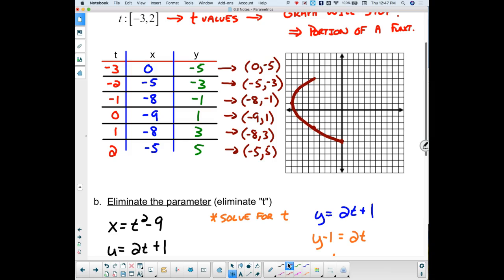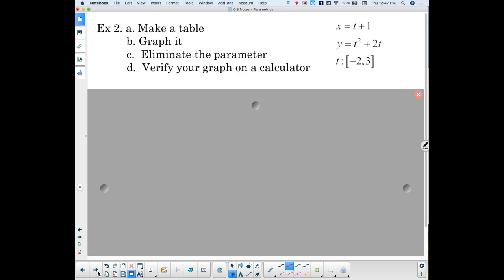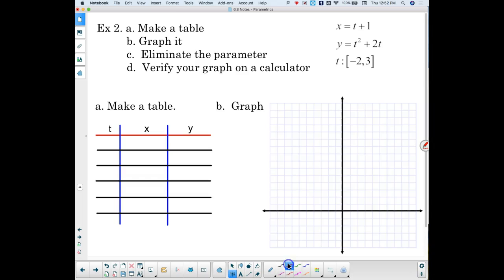What I would like you to do now is make a table, graph it, and then eliminate the parameter. I'll handle verifying it on your calculator, because we'll just do that together. So my t values go from -2 to +3.